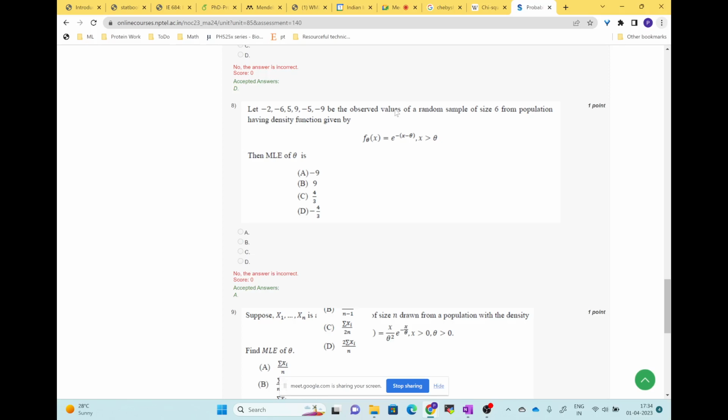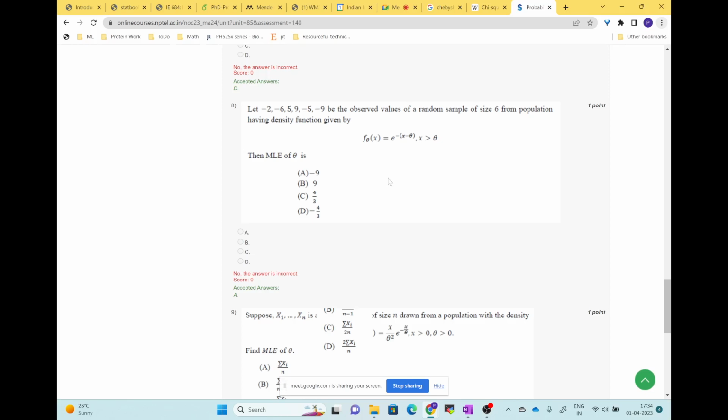L is e to the power minus summation i equals 1 to 6 of (xi minus theta). Take ln of L: minus summation i equals 1 to 6 of (xi minus theta). Then del L by del theta is minus summation i equals 1 to 6 of (xi minus theta) into minus 1, equating to 0.